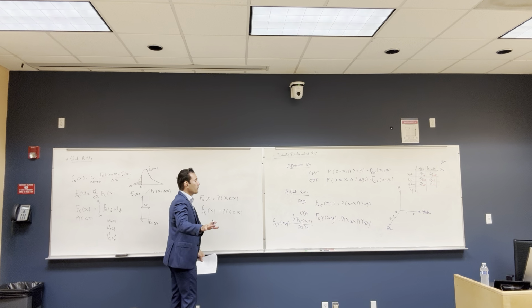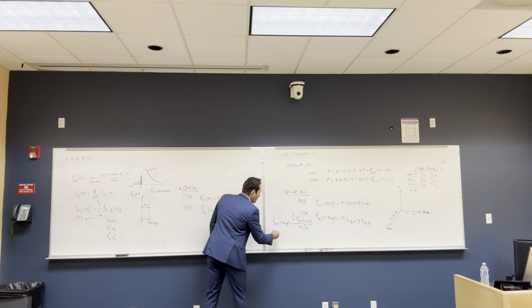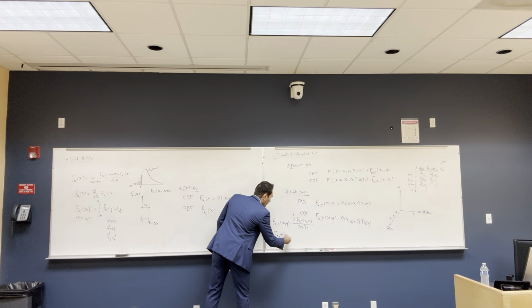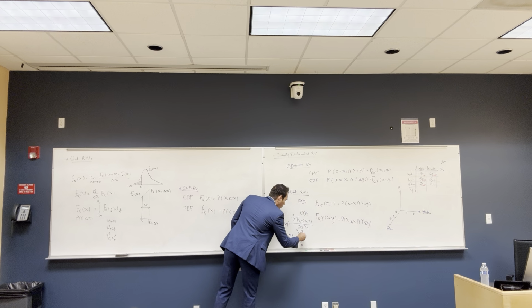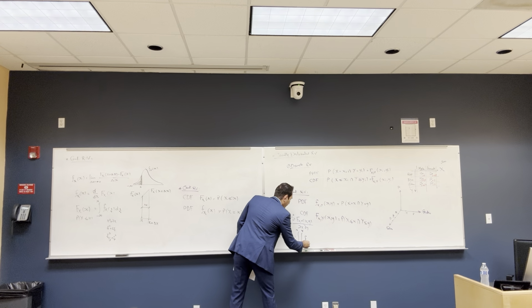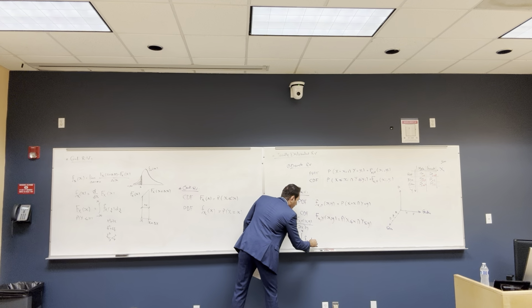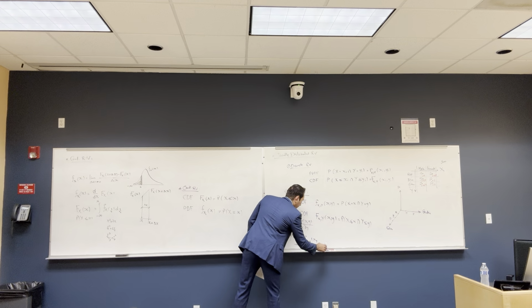And it's the same thing with integration. If you want to find capital F of x, y, you have to integrate twice, from negative infinity to x and from negative infinity to y, f of x, y.